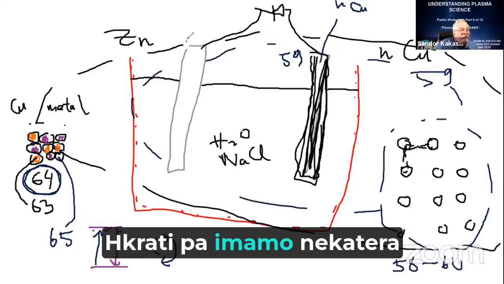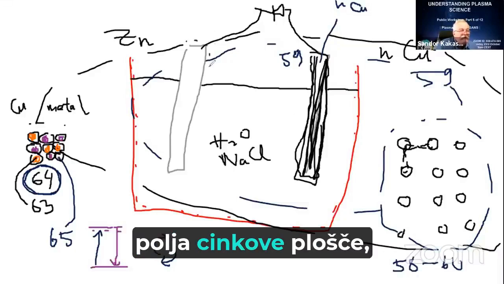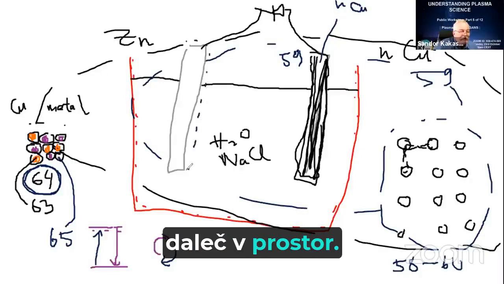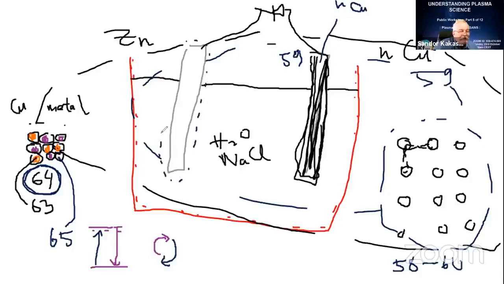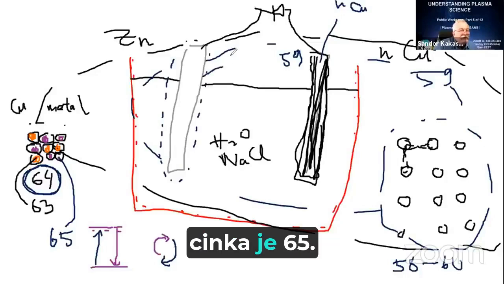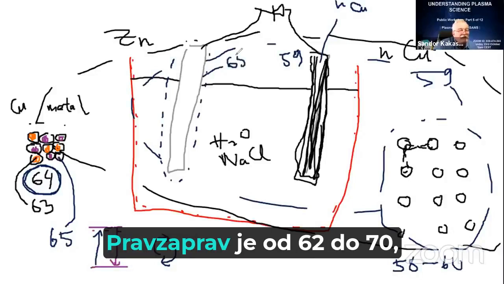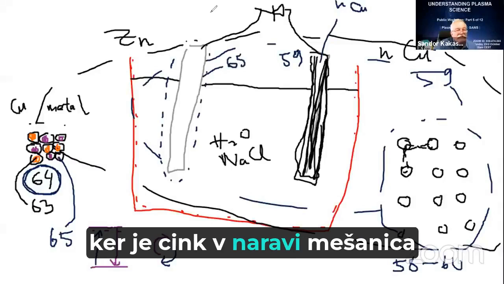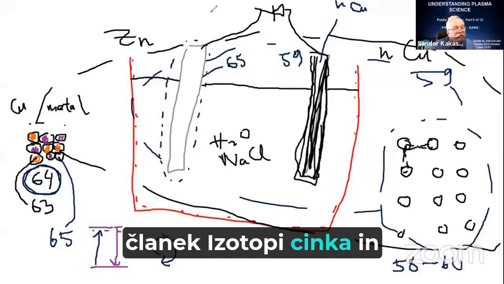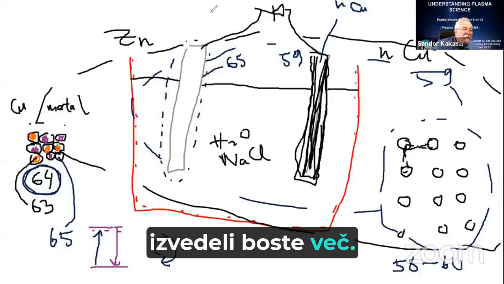But at the same time, we have some fields of the zinc plate which do not extend so much in the space, but still they exist. And zinc has an average field strength of 65. Actually, it goes from 62 to 70 because zinc in nature is a mixture of 5 isotopes. You can look up in Wikipedia the article Isotopes of Zinc and you will learn more.